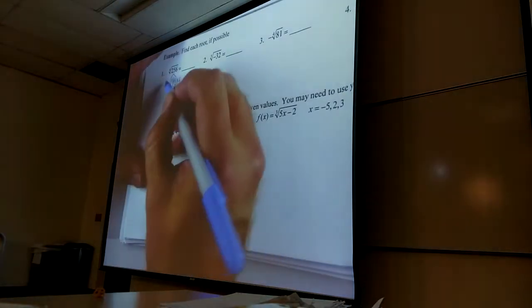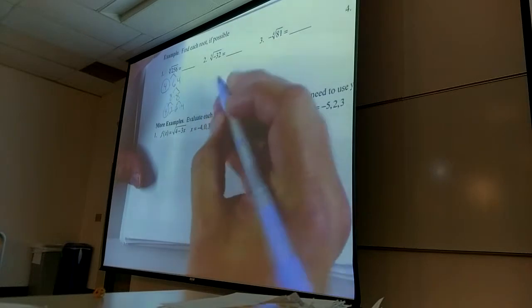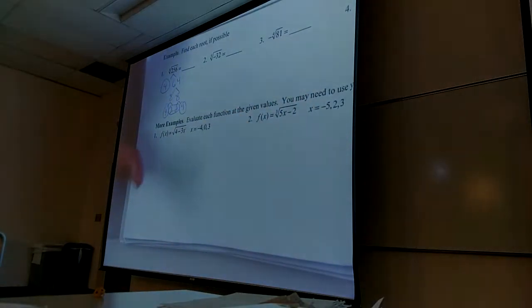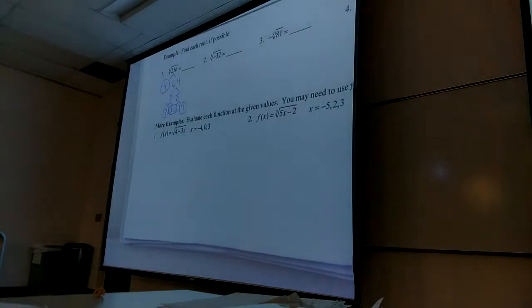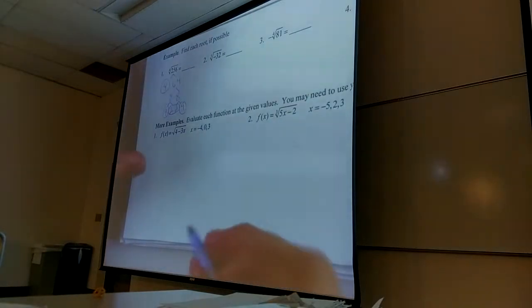Now watch, what do I have? I have 4, 4, 4, and 4. So when I break it into 4 parts, what do I get? 4 times 4 times 4 times 4.